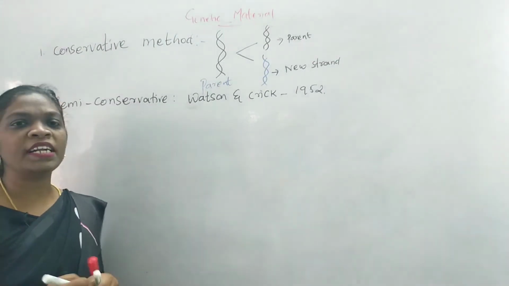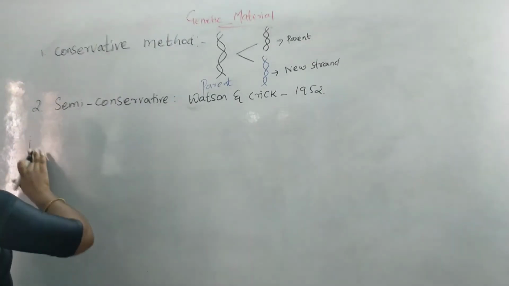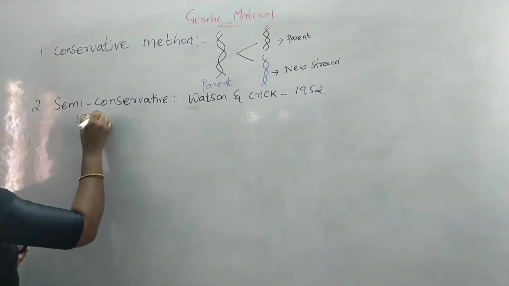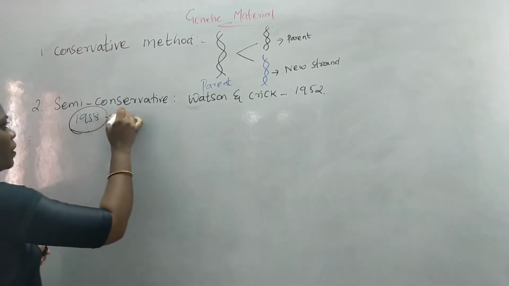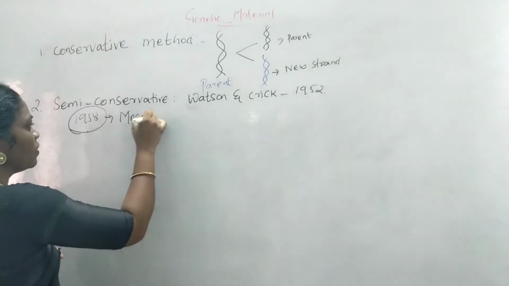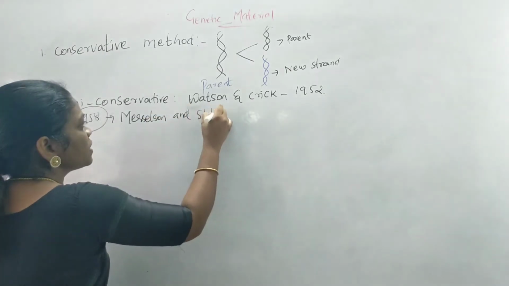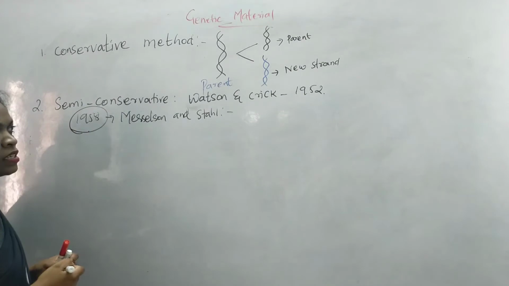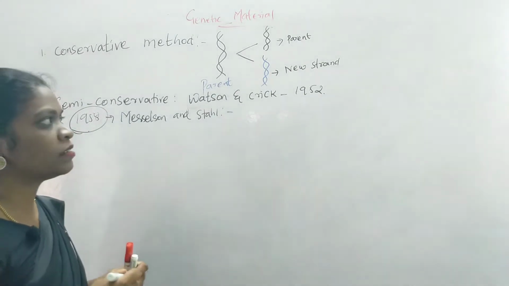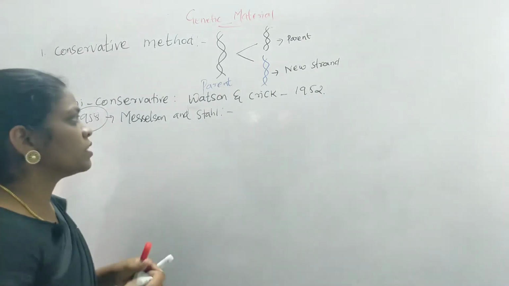So an experiment was conducted in 1958 by Meselson and Stahl to prove this semi-conservative method of replication. This is how the DNA gets replicated, so we'll see here how the DNA gets replicated.